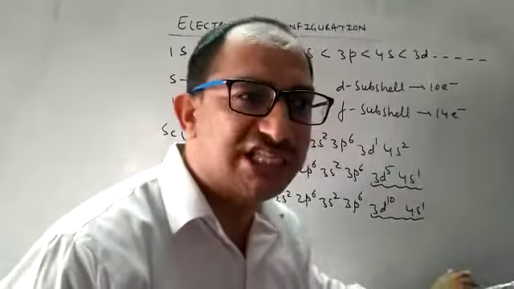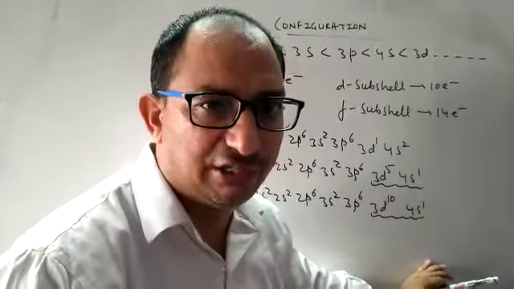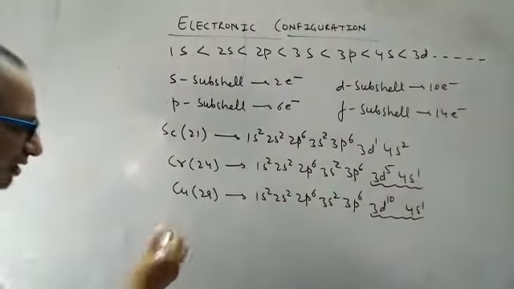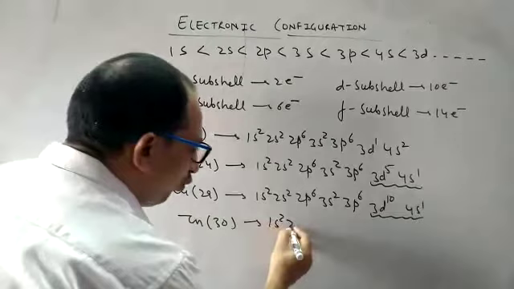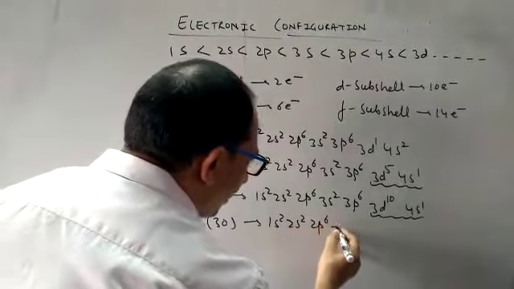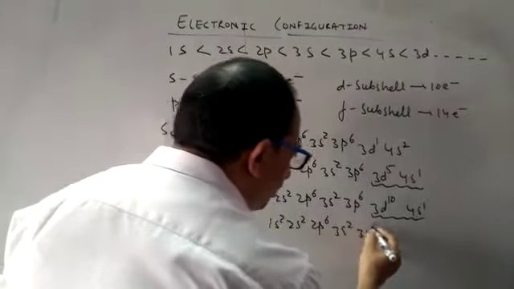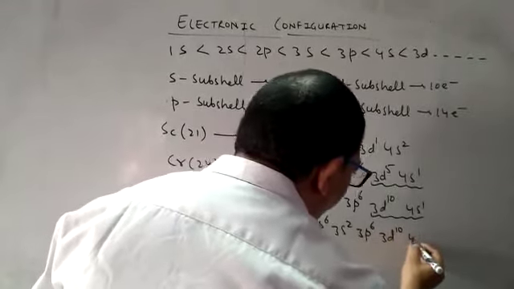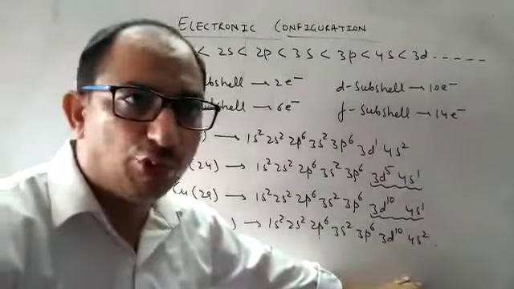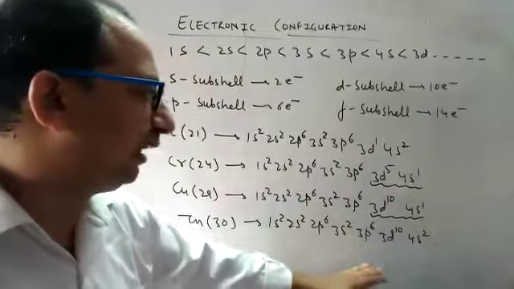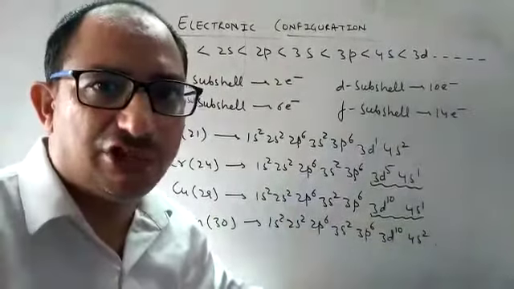Why they show this exceptional behavior, we will study later. Let's complete the configuration first. Then there is zinc. If we write for zinc: 1s2 2s2 2p6 3s2 3p6 3d10 4s2. So this is the configuration up to 30; 1 to 30 configuration we can write in this way.